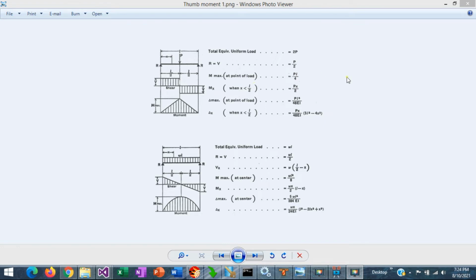These are some examples, and more cases can be found in multiple publications. Note that the typical information provided includes formulas for shear and reactions and bending moments and deflections, also the location of the maximum moments and the maximum deflections as well. So this information is very useful for simple cases.